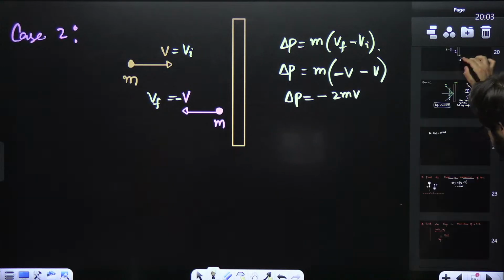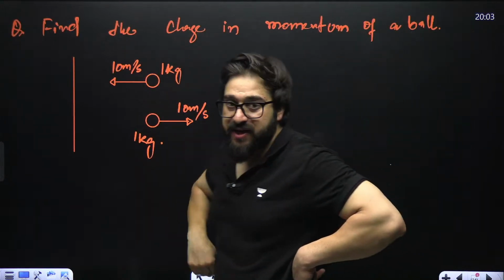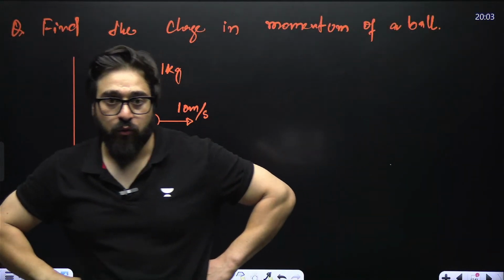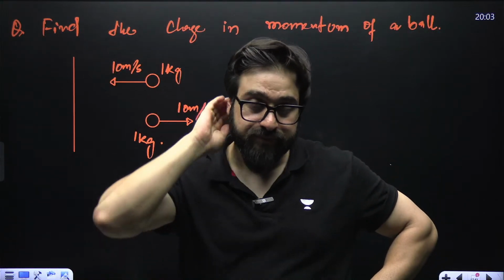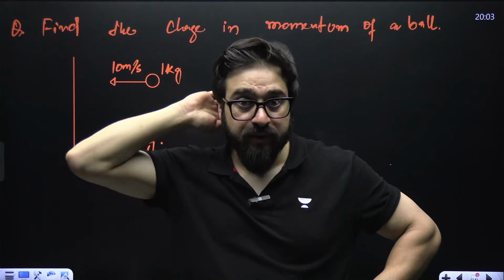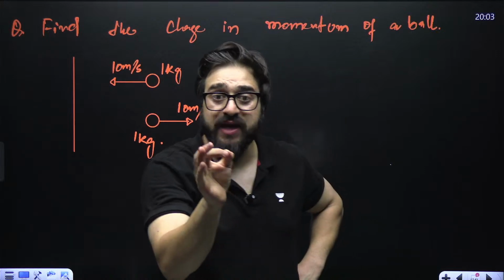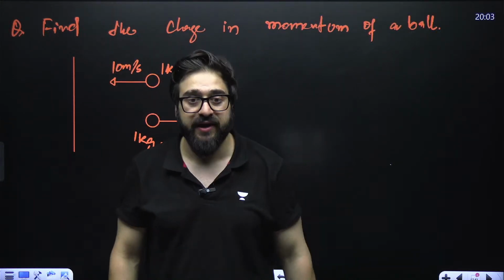So here the answer is minus 2mv. Tell me, what is the answer in this particular case? Yes, the negative sign is due to the direction of the velocity.